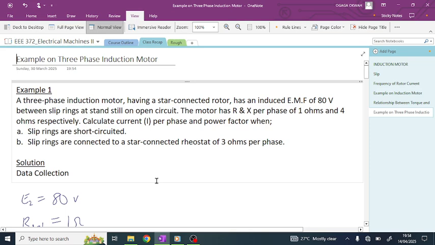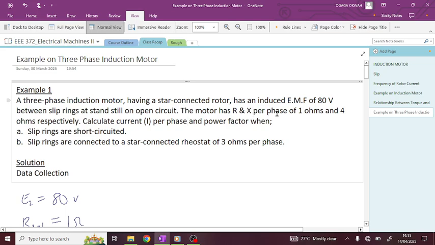Note that we are going to apply all we've learned so far: the theories, the formulas, and most of it. Now here's the question. A 3-phase induction motor having a star connected rotor has an induced EMF of 80 volts when slip rings at standstill on open circuit.